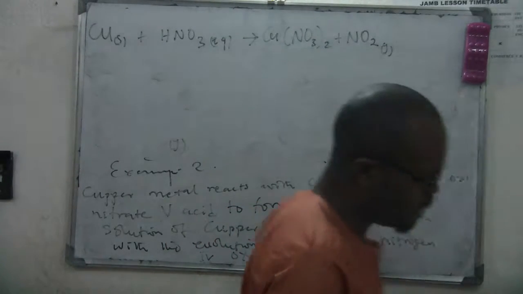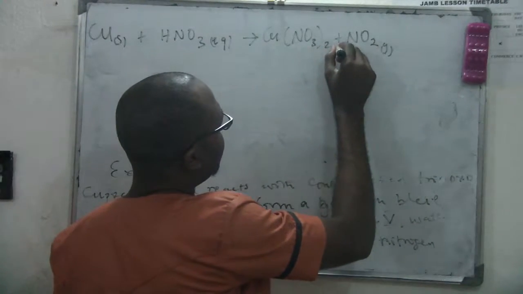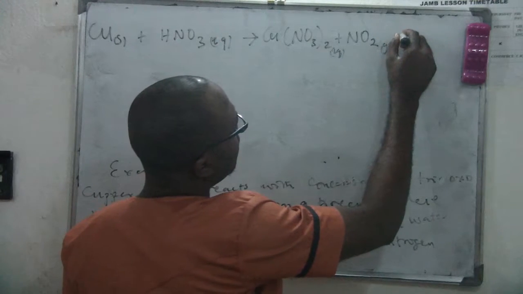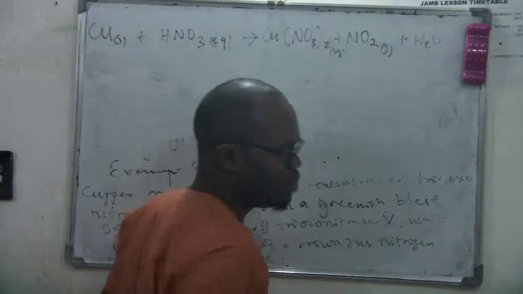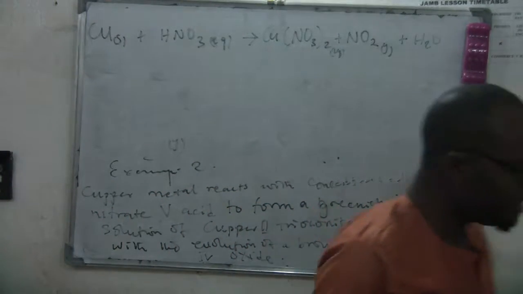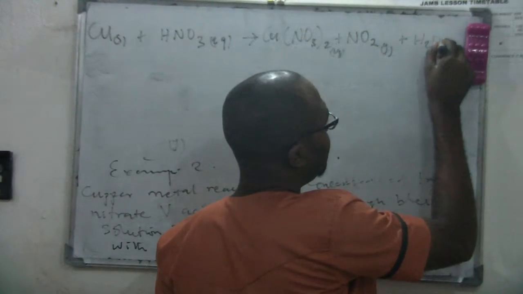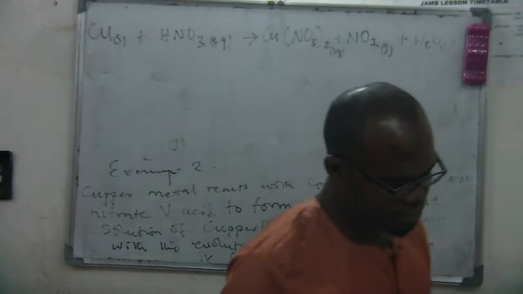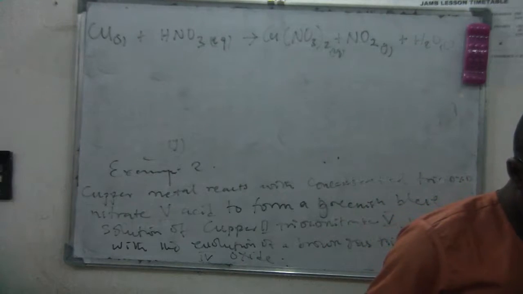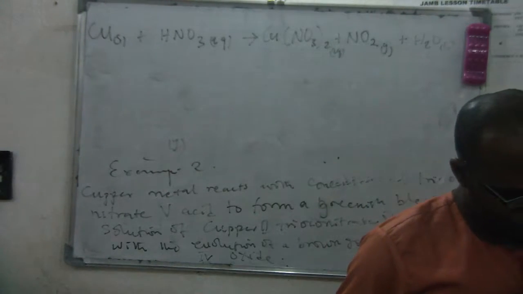Copper(II) nitrate is in aqueous state, then plus H2O, which is water, in liquid state. That is the equation.